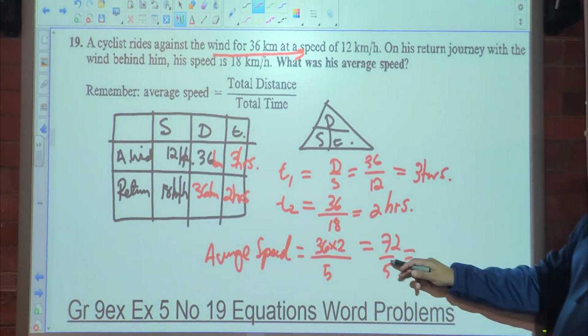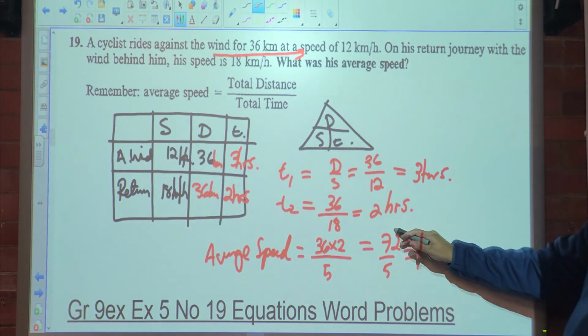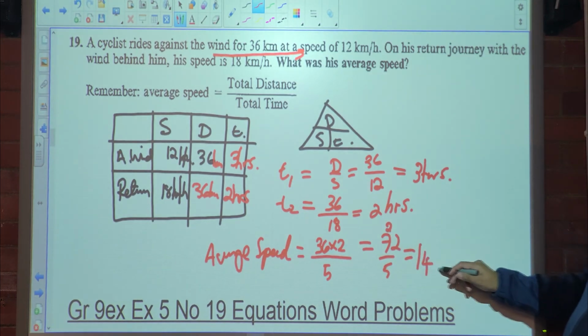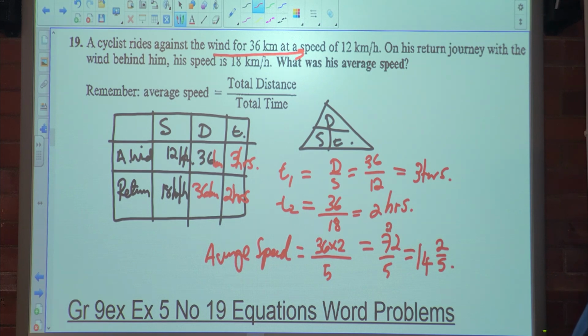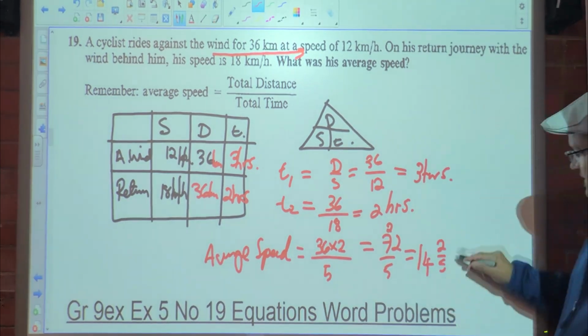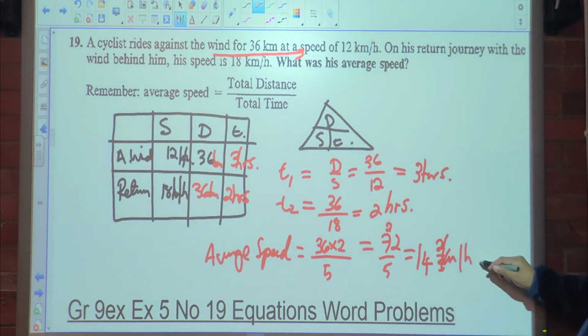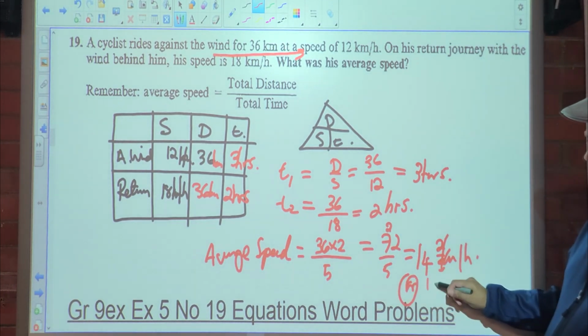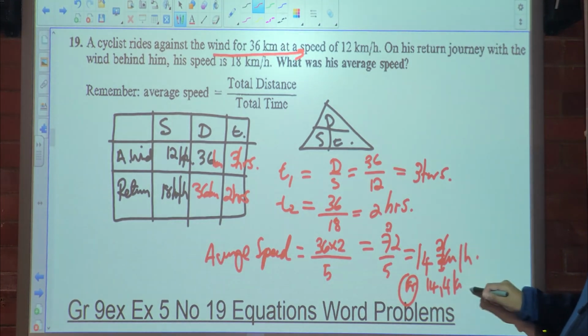And 72 divided by 5 is 14,4. Average speed is kilometers per hour, so 14,4 kilometers per hour.